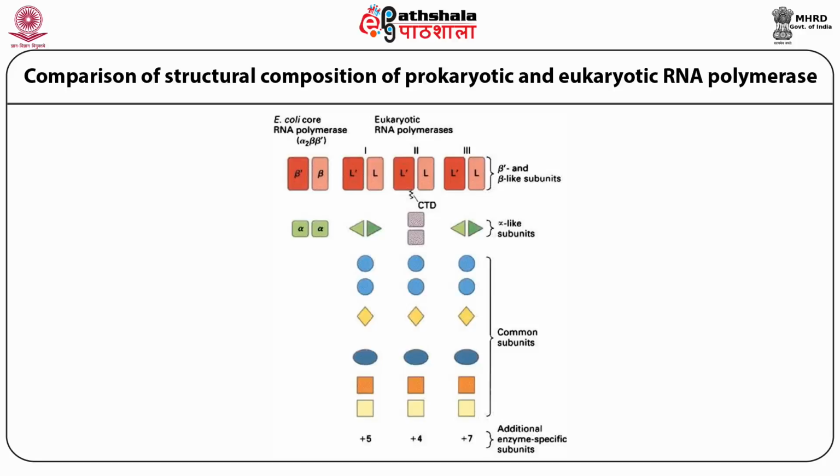Eukaryotic RNA polymerase. RNA polymerase is a large and complex enzyme. Example, yeast holoenzyme consists of 2 large subunits and 10 small subunits.